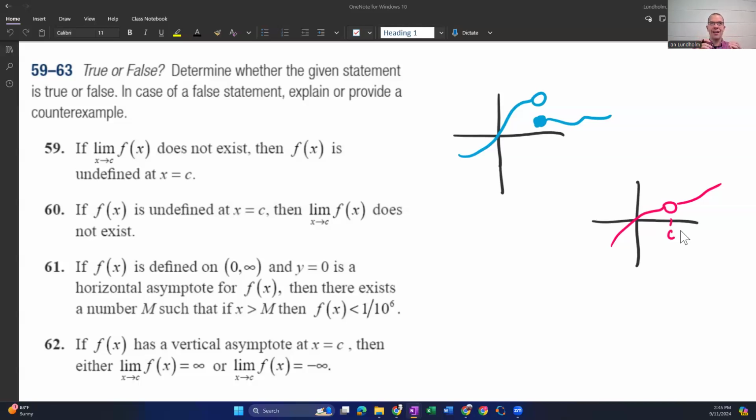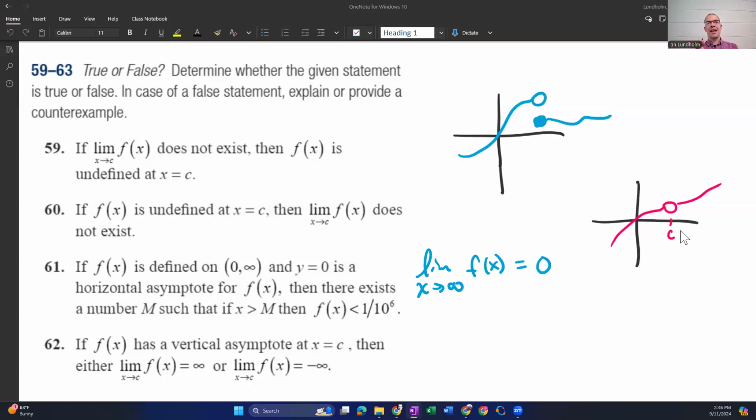The idea here, going back to our intuition about a limit, is that if we have a horizontal asymptote, this is saying that the limit as x goes to infinity of f of x is equal to 0. This would asymptotically approach the y value of 0.